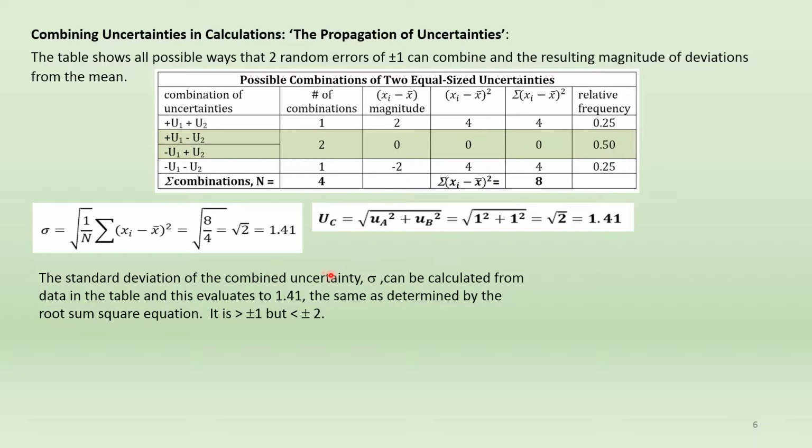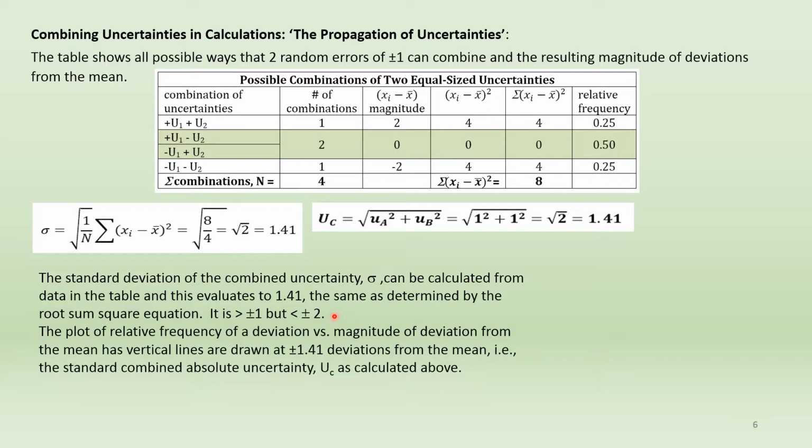And it's the same number determined by the GUM equation for absolute uncertainties over addition and subtraction. Note that it is greater than plus or minus 1. It's greater than either one of these, but less than 2 because all of the uncertainties are not simply additive.